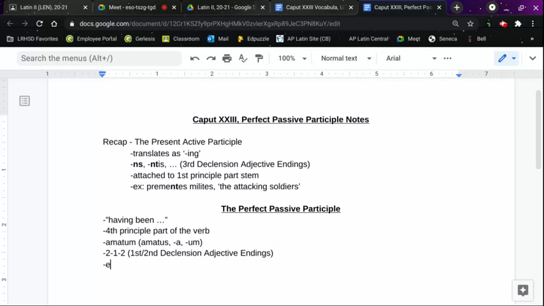So let's take a look at some examples. All right, so amata puella. So puella, we know, is the noun for girl, and amata is describing it because the -a ending matches up with the feminine gender of the noun. So this would translate as the girl having been loved.